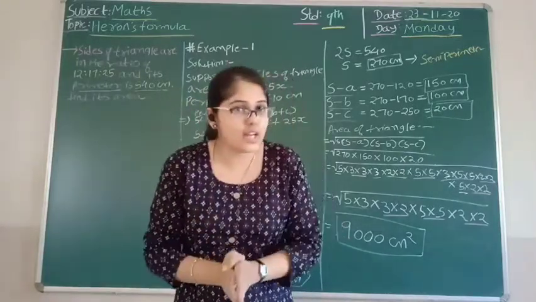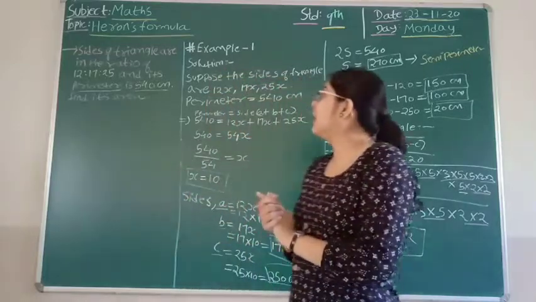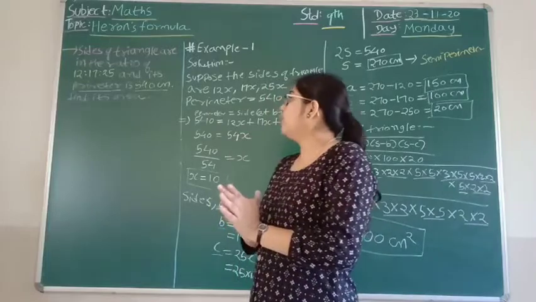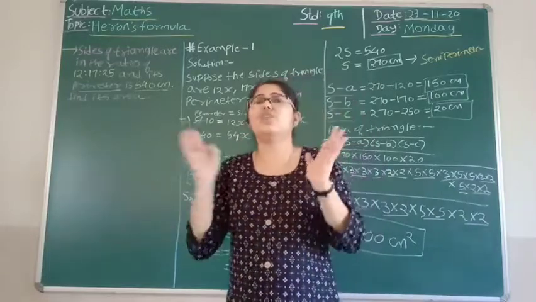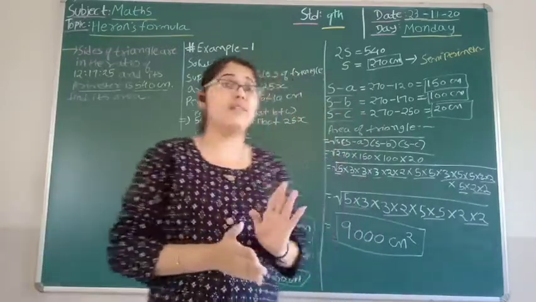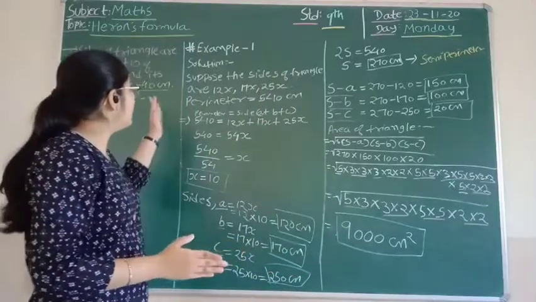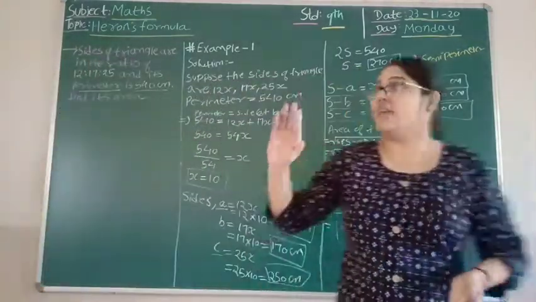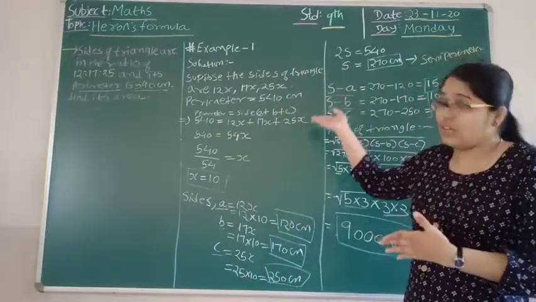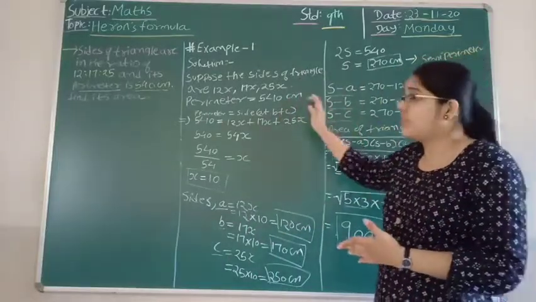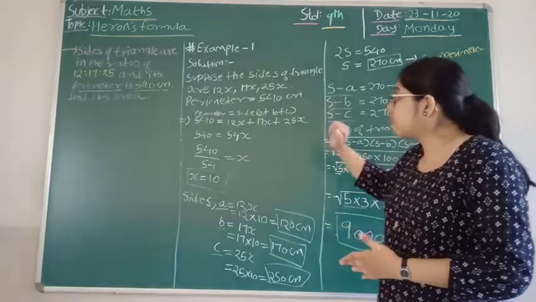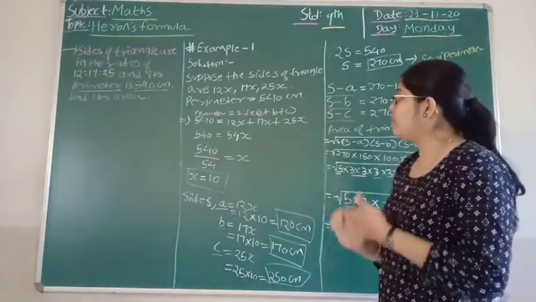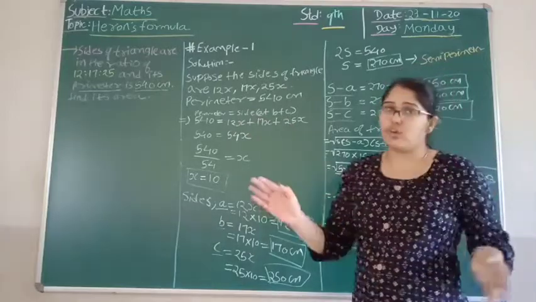So we'll quickly recall the sum. We have seen that we were given sides in the form of a ratio, and we were given the perimeter, and we need to find the area. Then what did we do? The very first thing we did was to find the sides. So we named the sides 12x, 17x, and 25x respectively, and we were given the perimeter. Then we applied the formula: perimeter equals the addition of all the sides.